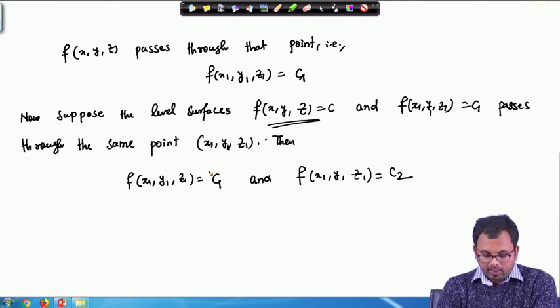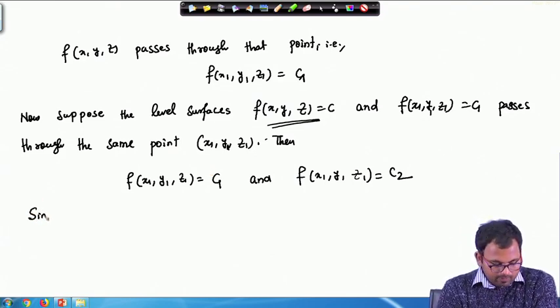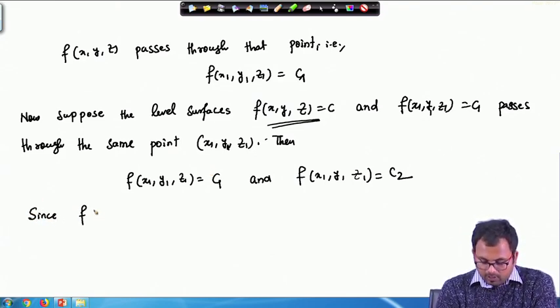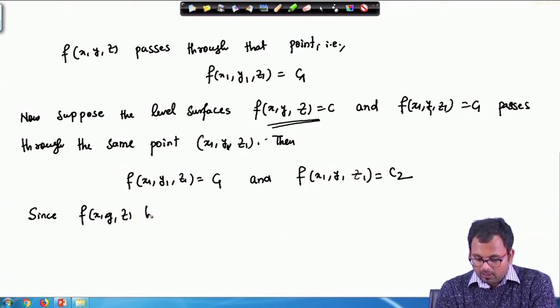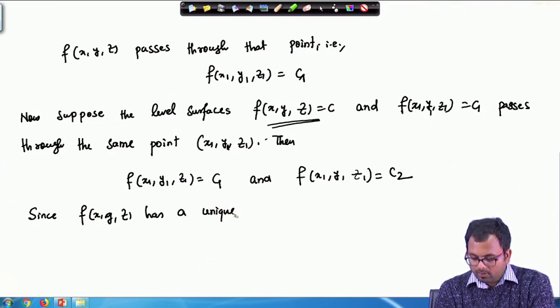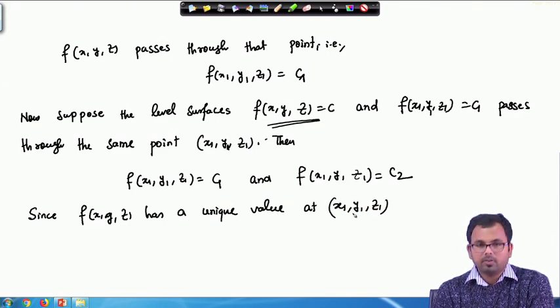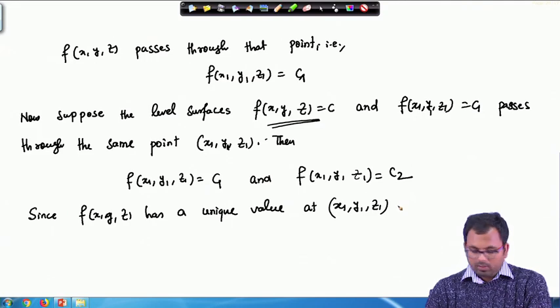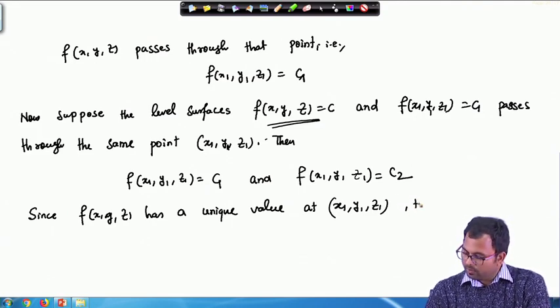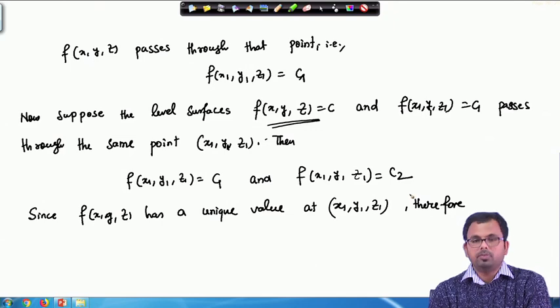So, we can write, since f(x, y, z) has a unique value at x1, y1 and z1, therefore, the constants must be same.